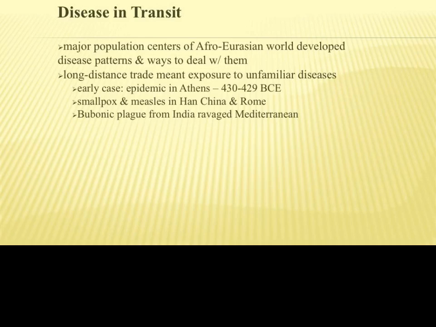During the Roman and Han empires, smallpox and measles devastated both populations. There were various outbreaks in both empires on either end of Eurasia, in Rome and in Han China. From 534 to about 750 or so, a bubonic plague from India ravaged the Mediterranean world.